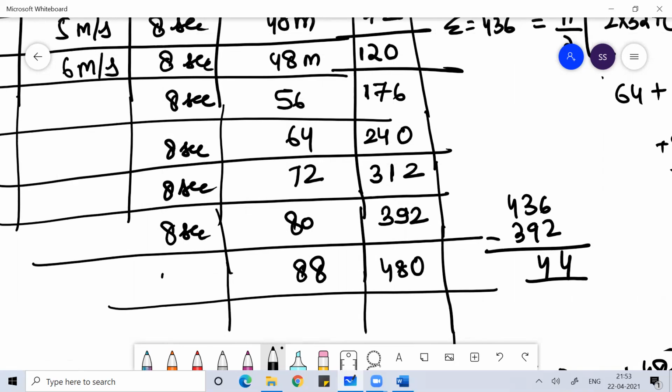So 44 meters you can do in 4 seconds only, because you are doing 88 here. So this is 44, and then you will get 436.